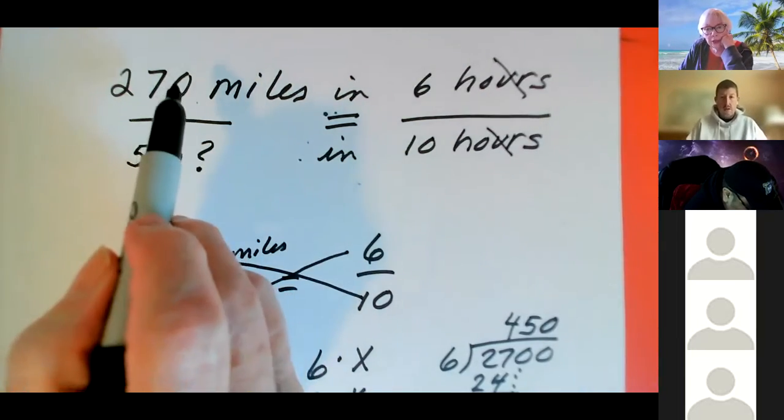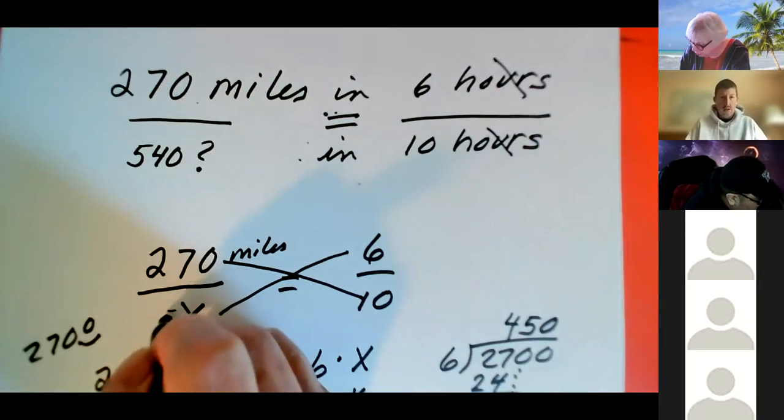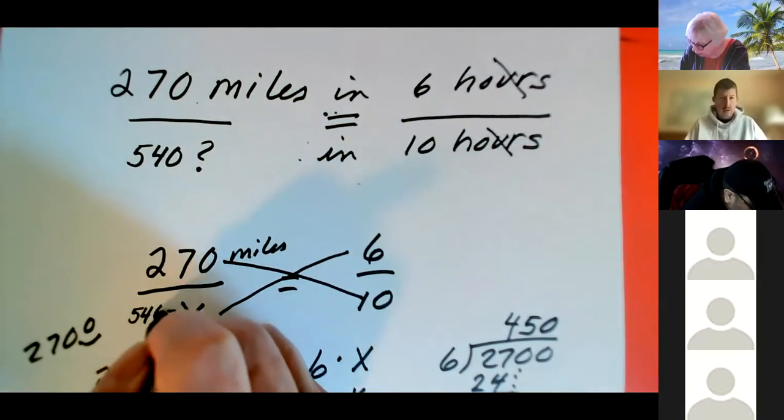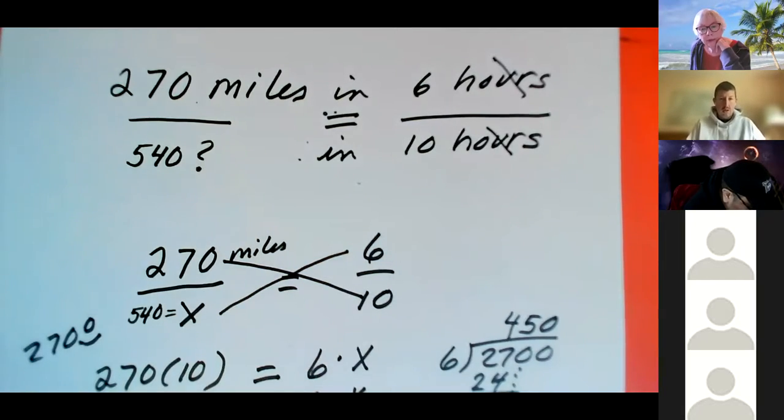So if you check this times that, and this one times that, or you could put your 540 here, this was a little bit simpler. This one times that, and this one times that, it will be perfectly the same. Or something went wrong with your division or whatever. Okay? How's that?